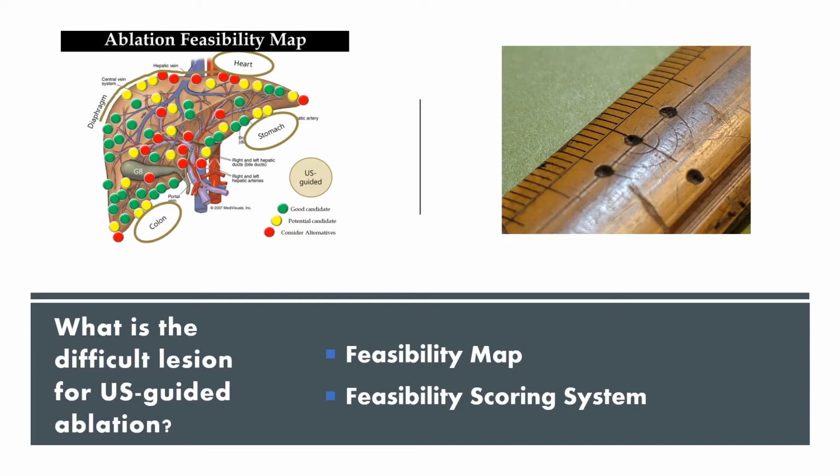So you need to understand the difficulty assessment is very subjective, depending on the availability of those techniques and your experience with each technique. One tip is to use any kind of ablation feasibility map or technical feasibility scoring system to scale the degree of technical difficulty. It will be very helpful not only for the operator but also for the referring physician or the patient.